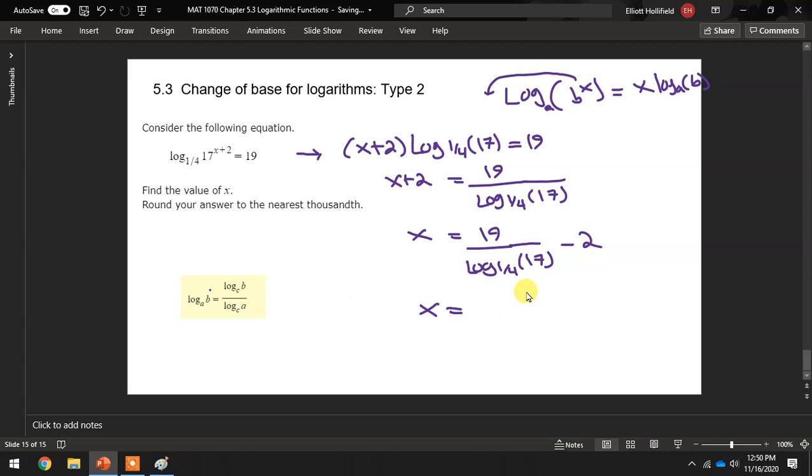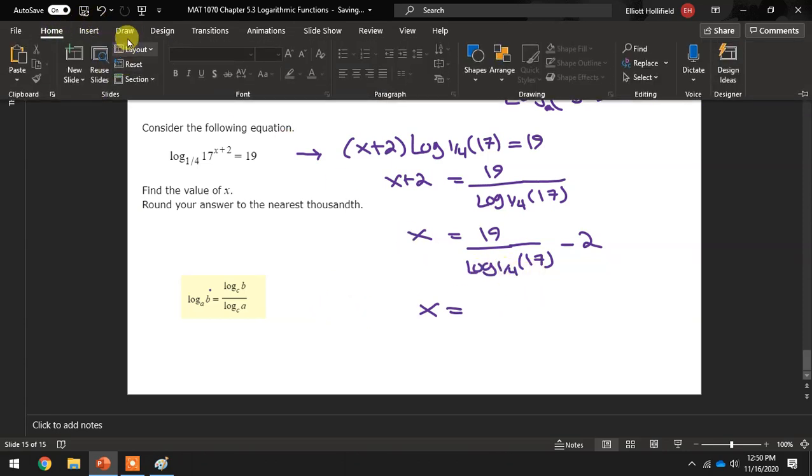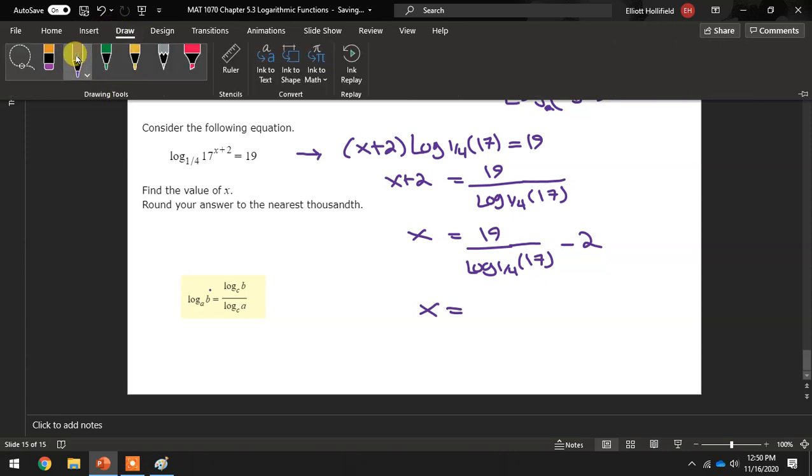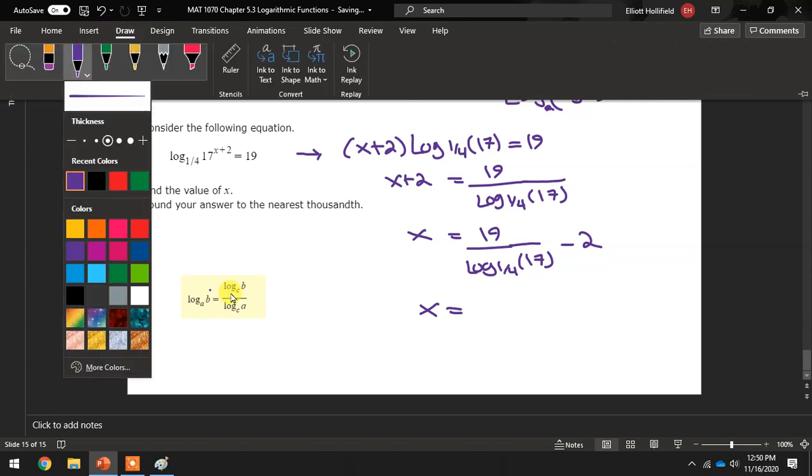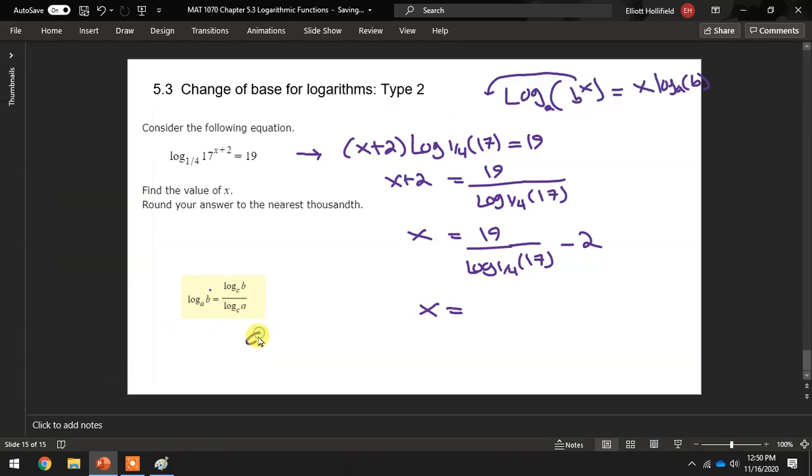So A is 1/4 in this case, B is equal to 17, and we can either choose C to be 10 or e. Let's choose 10 in this case. So we have A is 1/4, B is 17, and C is equal to 10.